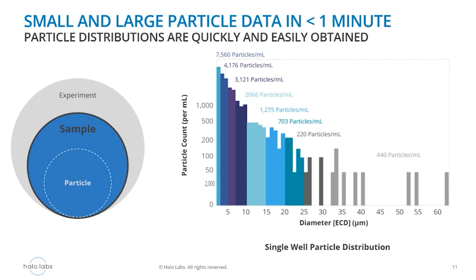So in less than a minute, the software will generate this data for each individual well or each individual sample. In the example we have here, if we look at the 2 micron size range, we're looking at around 7,500 particles per mil. But then if we look at particles that are much larger, so 30 microns and greater, we have a lot of particles there as well, right? So 440 particles per mil for that size bin.